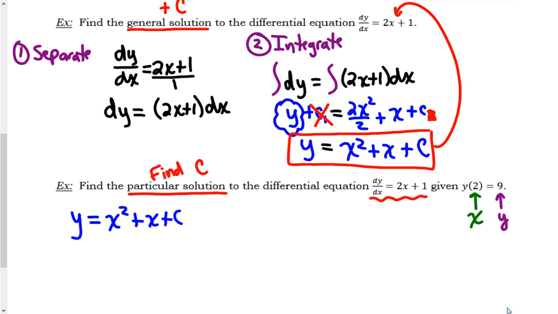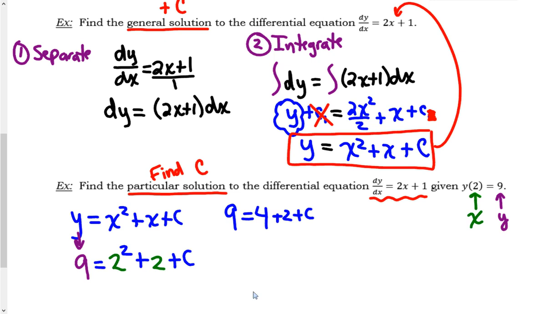When I come over to my function, I'm going to replace everything that I've labeled. Instead of y, I'm going to plug in 9. Instead of x, I'm going to plug in 2. From here, I'm simply going to evaluate what c is, and that gives me that 9 is equal to 4 plus 2 plus c, which I believe gives me that c is 3.